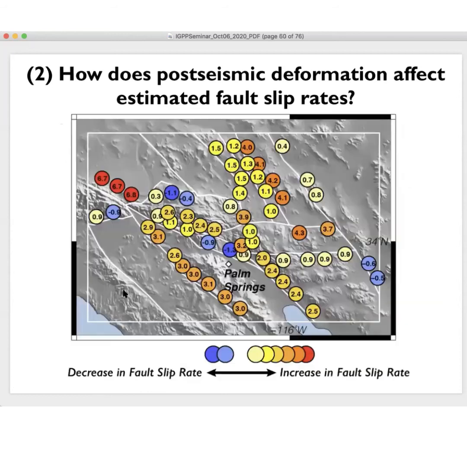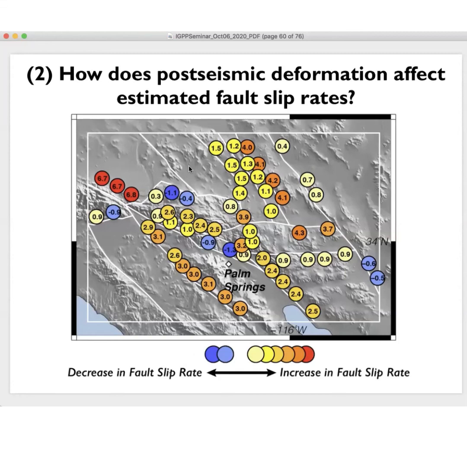So we're going to subtract one from the other, essentially. And when we do that, we get a figure that looks like this. Anything in a warm color means that post-seismic motion caused an increase in slip rate along that fault. Anything in a cool color means that post-seismic motion actually decreases the slip rate at that location. And any fault that doesn't have any color at all means the change was so minimal it was within the error of our geodetic slip rate estimate.